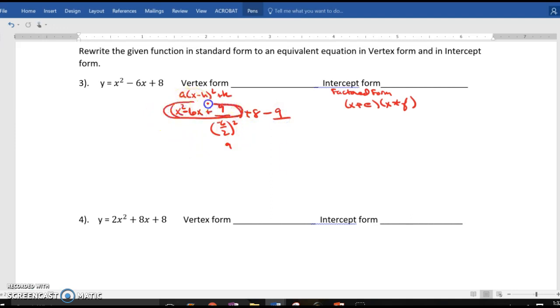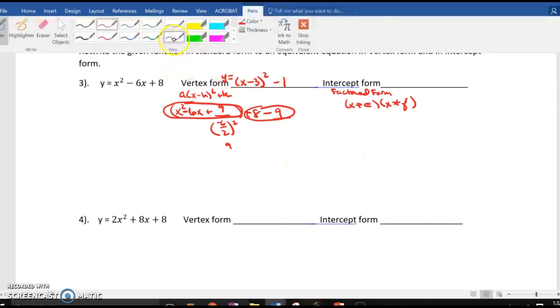Now I'm going to write this as a perfect square. So how do I write that? X minus 3 all squared. Then on the outside, k, 8 minus 9 is minus 1.